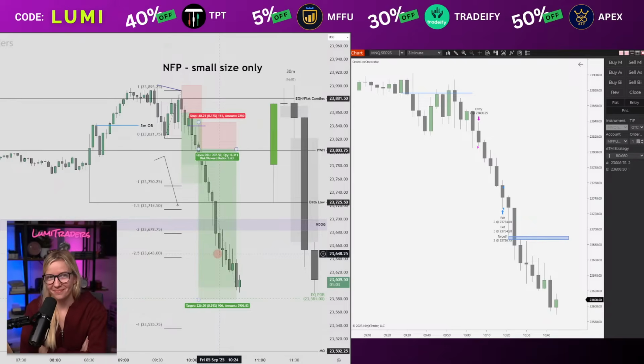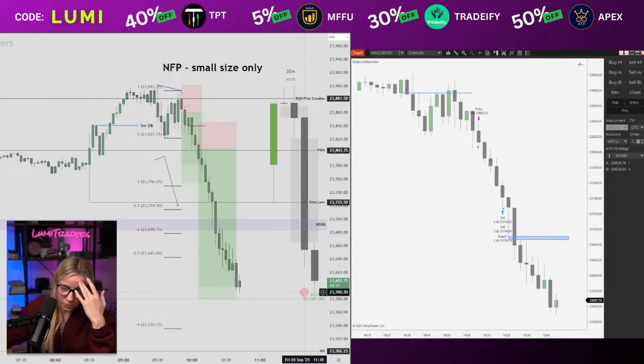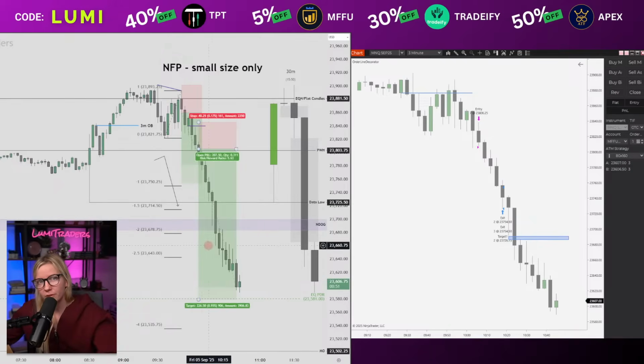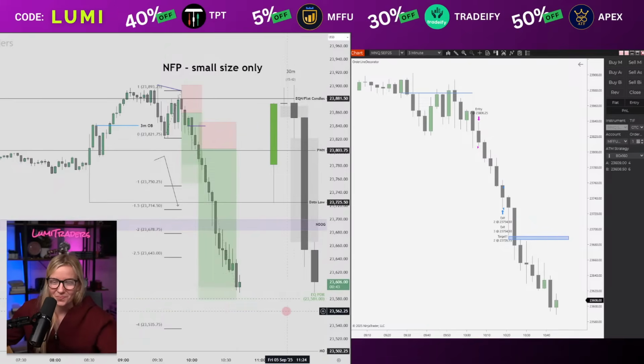But it is what it is, right? It's actually funny. We talked about the equilibrium of the previous range before, but I really did not expect to get that move. Oh, you got 140? That's a lot. Good job. I still would like to see like 20 points lower.